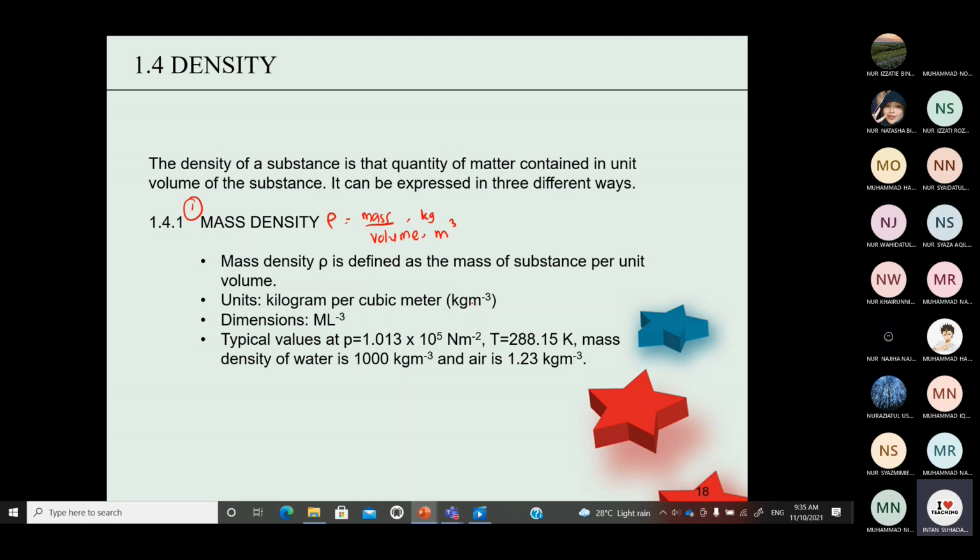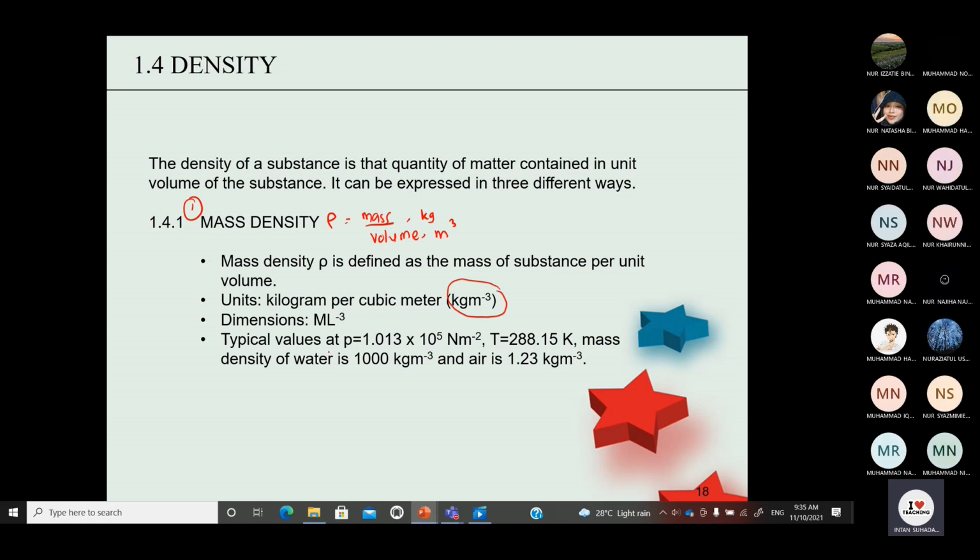The unit is kg per meter cube. There is also a mass liter unit, but usually we will not use it. Normally we use kilogram per meter cube.